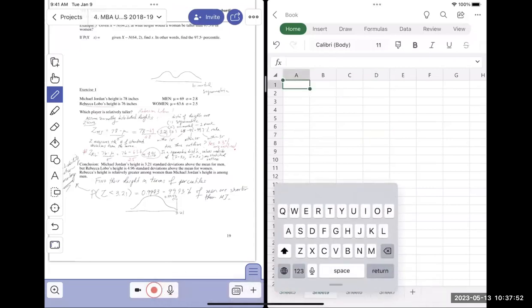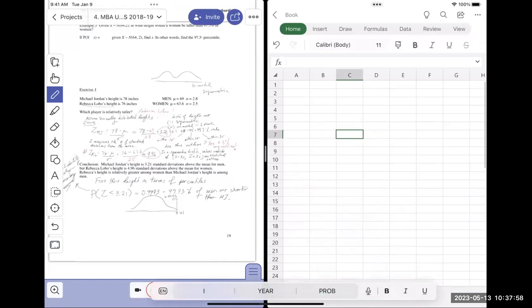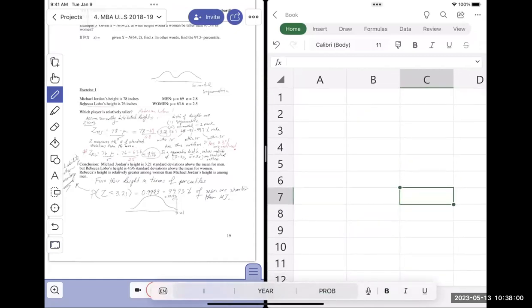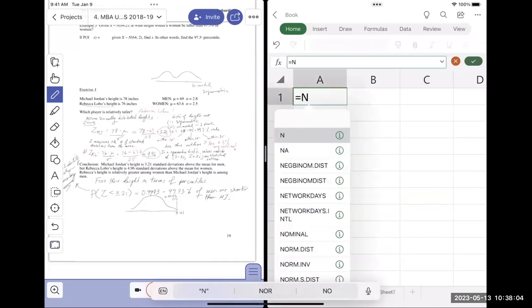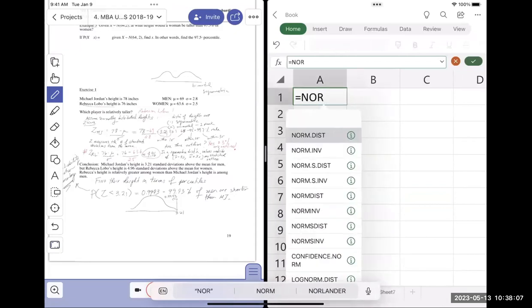All right. So if I want to solve this problem in Excel, I use equals, norm, and you start writing norm, and you see there are several, 1, 2, 3, 4, 5, 6, 7, 8 functions.